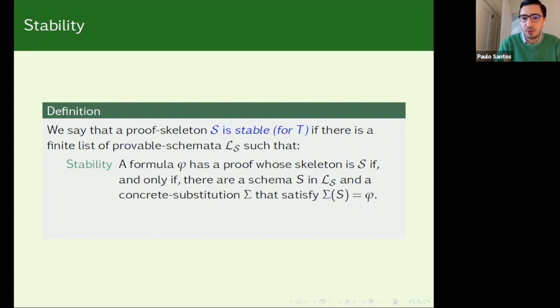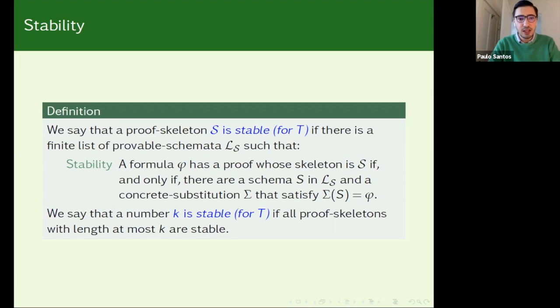And this can be done, of course, in a decidable way, as I've mentioned. We say that the number k is stable if all proof skeletons with length at most k are stable. And this is the general approach that we have taken, namely to construct finite lists.